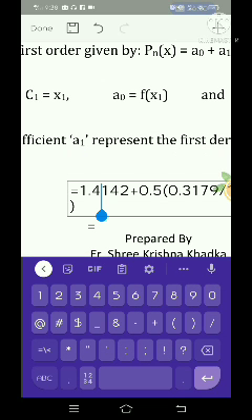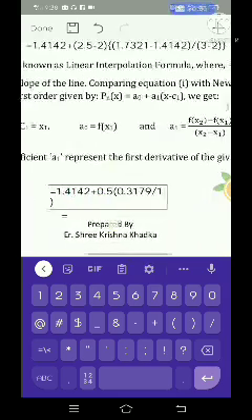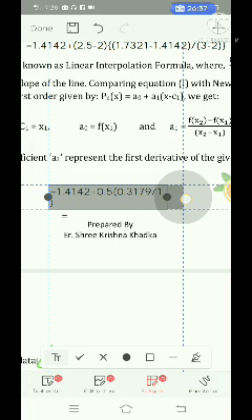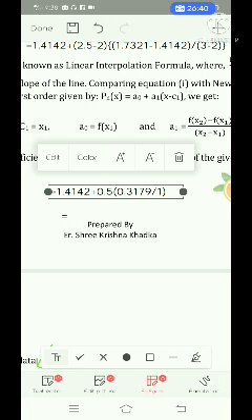Mali pala yung natin, class. Kindly correct, this is 1.4142.